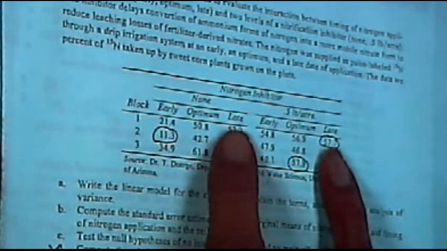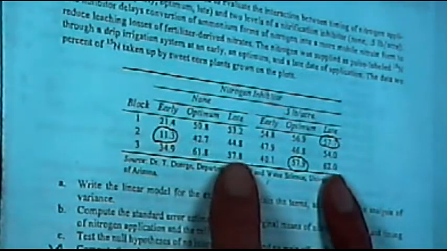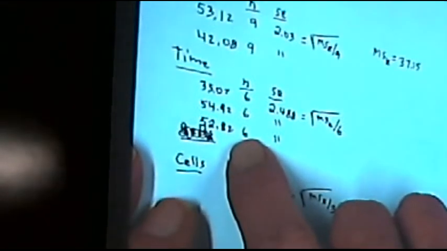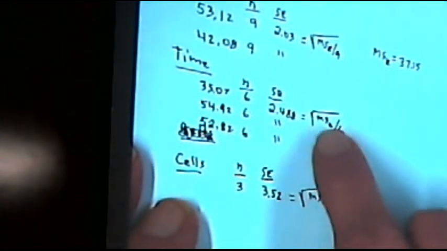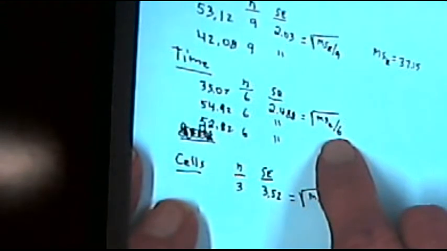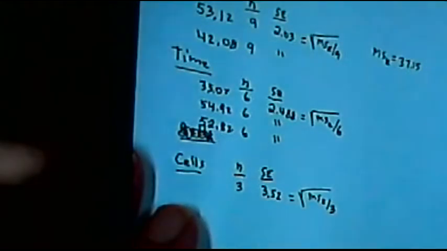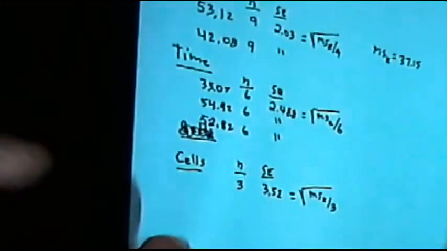And finally, when the time variable is the last value, 6 observations there to take the average. So those 3 averages are these numbers here, 6 observations in each, and the standard error should be the square root of the mean square error over 6, because there's 6 numbers in each mean. And so that gives me an answer there as well.